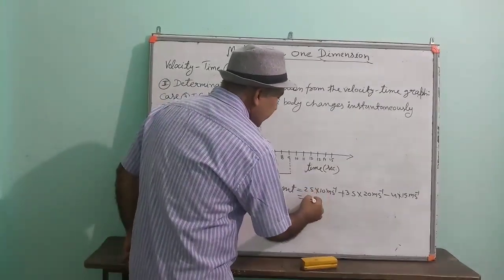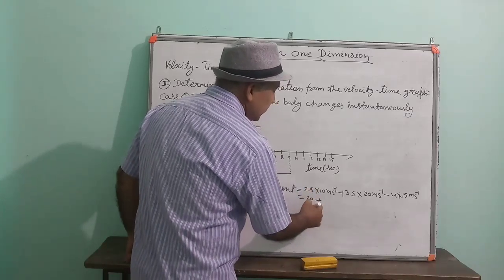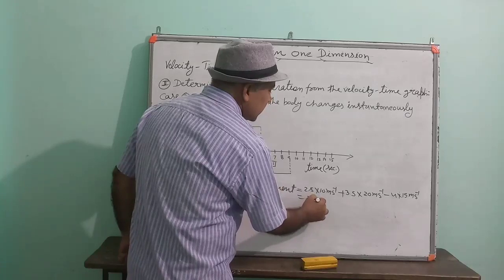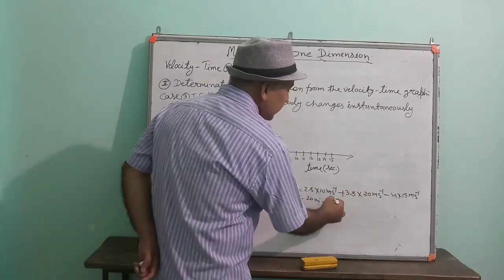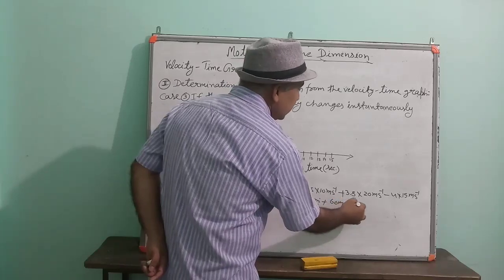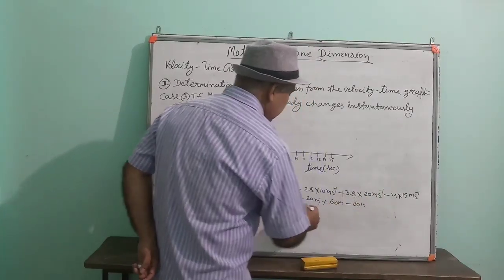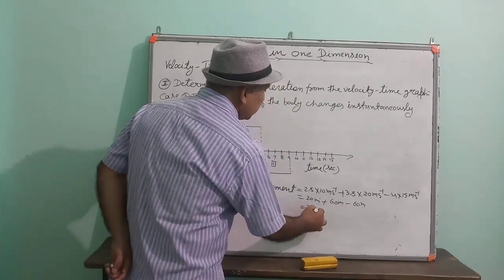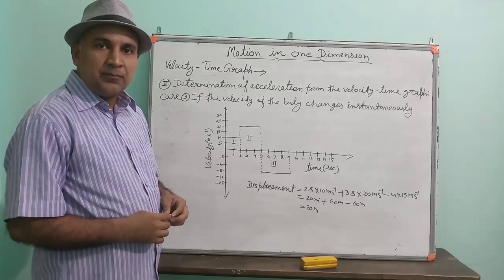Now 2 into 10, this is 20 meter. See, displacement is 20 meter plus 3 second into 20, 60 meter minus 4 into 15, 60 meter. So you can see that the total displacement is 20 meter.